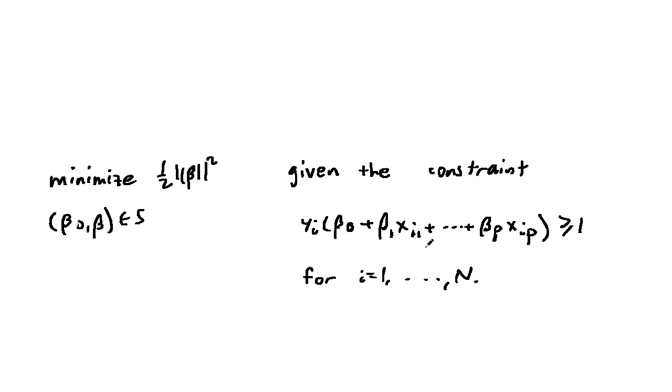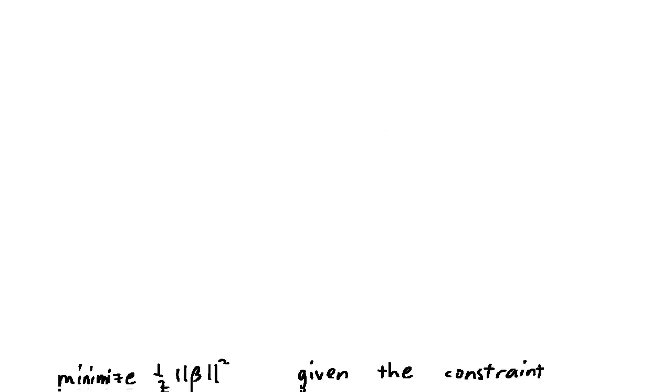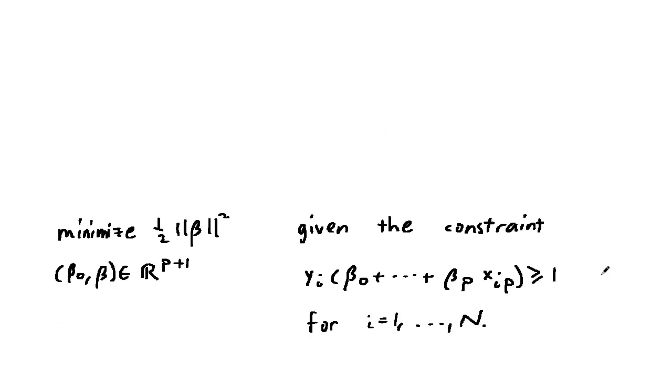This implies that y i times beta naught plus dot dot dot plus beta p x i p is positive, greater than 0, for each of the i's. We can thus reformulate the optimization problem as: minimize 1/2 the norm of beta squared, where beta naught beta just lies in R p plus 1, and the constraint remains this.